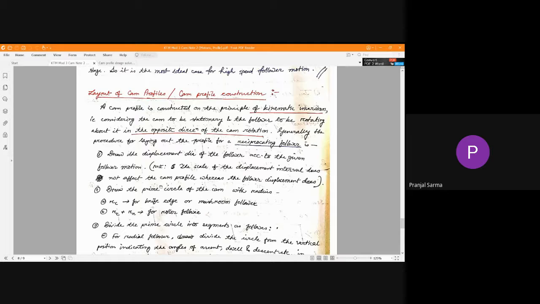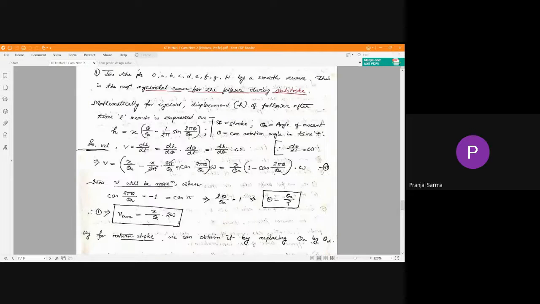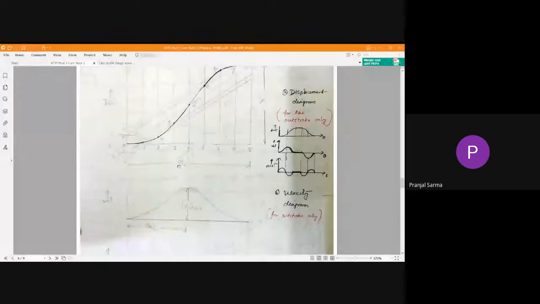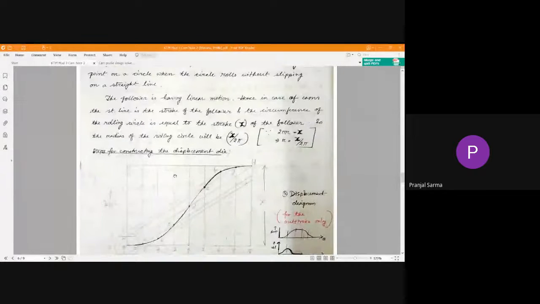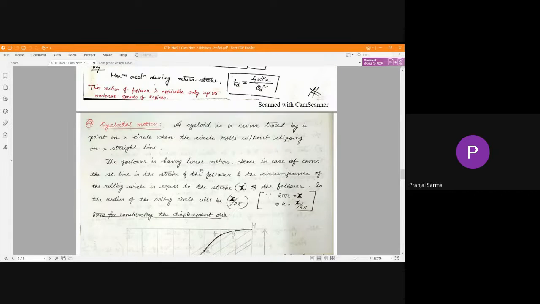In the last classes, we went through how to draw the displacement diagram, velocity diagram, and acceleration diagram for the different standard motions of the follower. We discussed the uniform velocity case, SHM, uniform acceleration and retardation, and lastly the cycloidal motion profile.